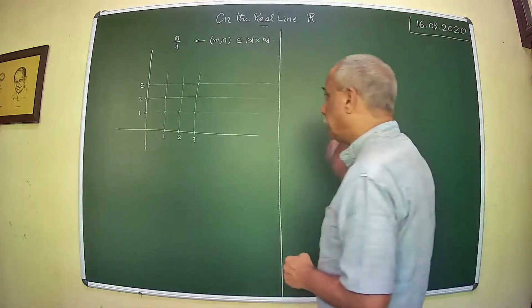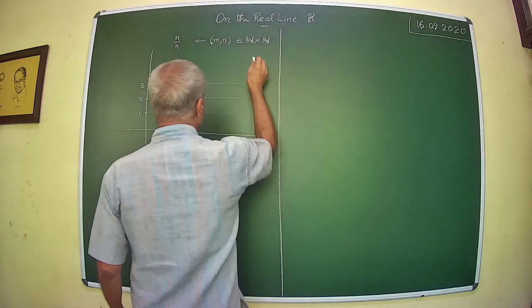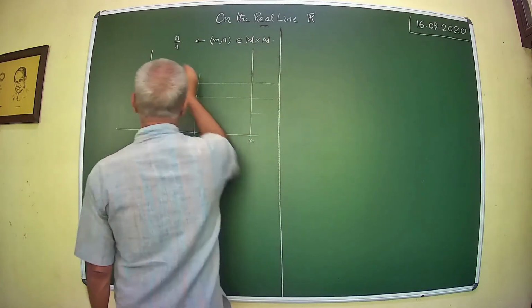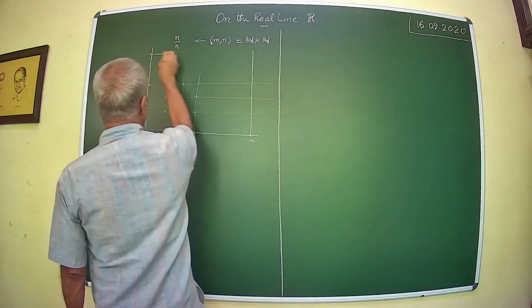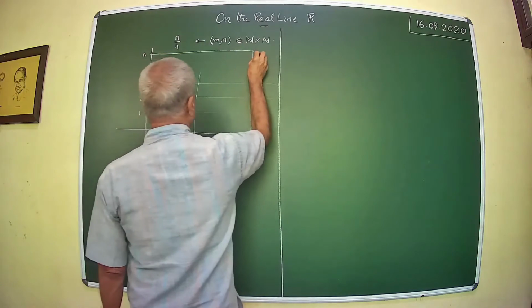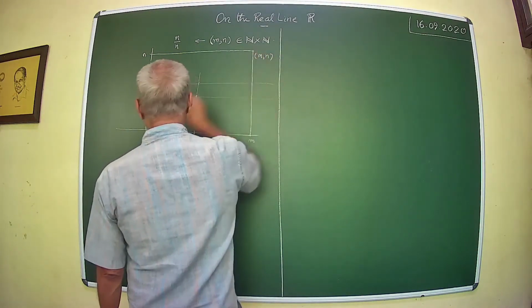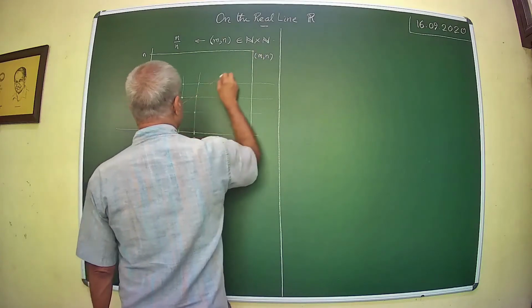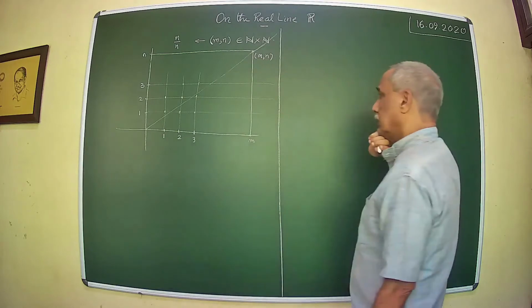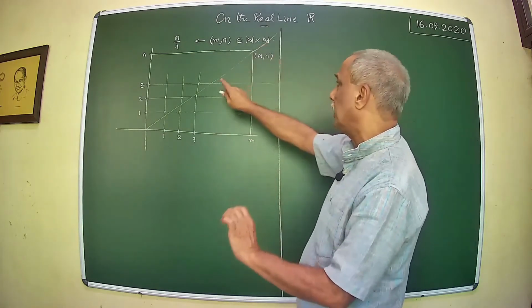And a typical m by n, suppose this is m and this is n, then this is the point m, n, and you join this to the origin, and then you get a line. Now you consider all the lattice points lying on this line.